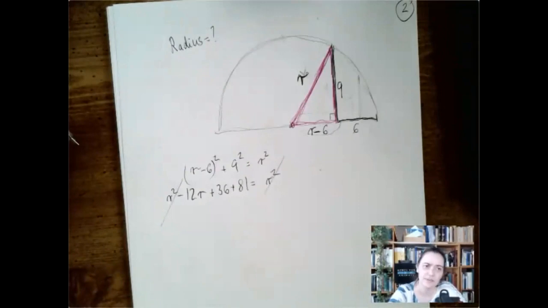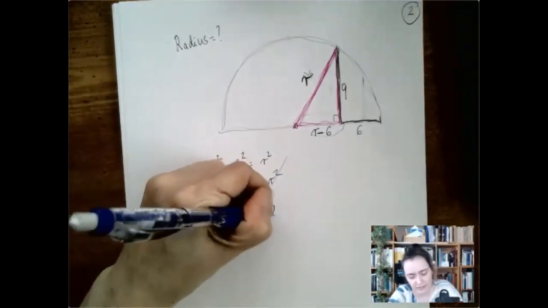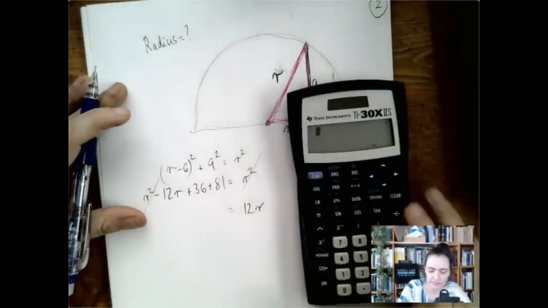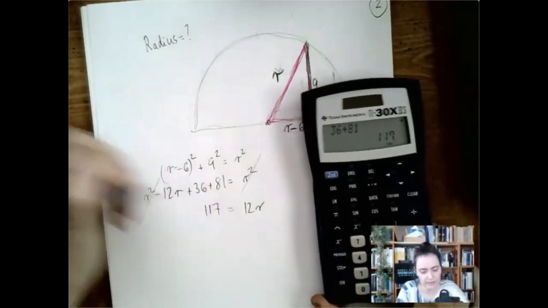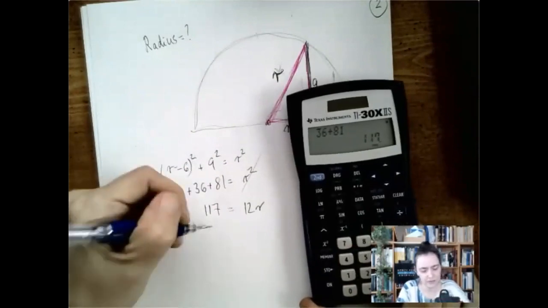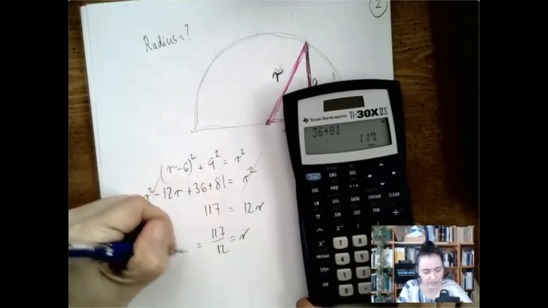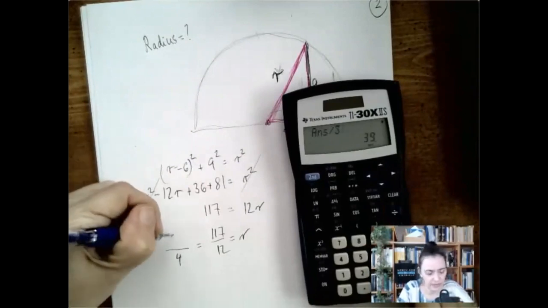I guess maybe I'm wrong, but so then what we have is 12r is whatever 36 plus 81 is. 117. 117, add the digits, divisible by 9. So 117 over 12 is not the final answer. Let's divide by 3. 39 over 4.